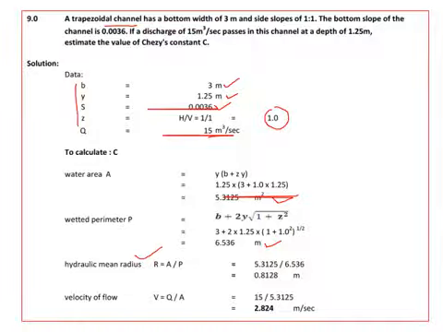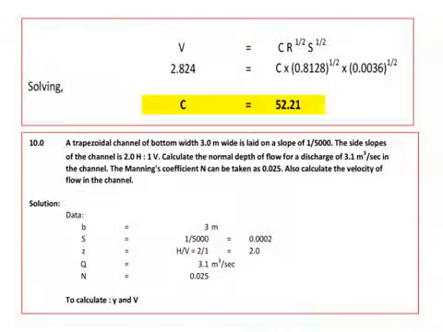Discharge is 15 meter cube per second, divided by area gives the velocity, which is 2.82. Knowing velocity, R, and slope, you are able to calculate Chezy's constant, which comes to 52.2. So that's how various parameters are given and Chezy's constant can be calculated.